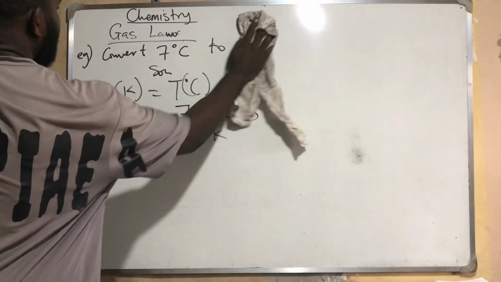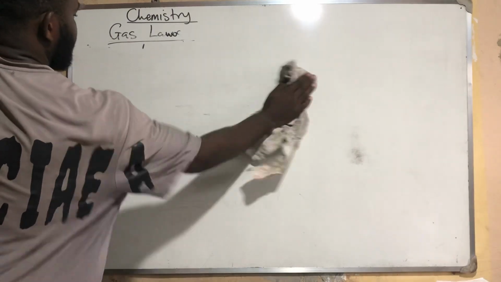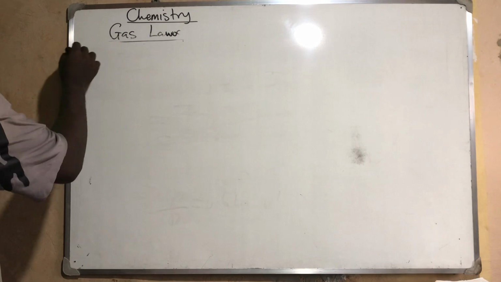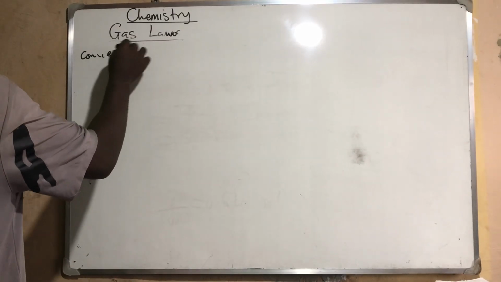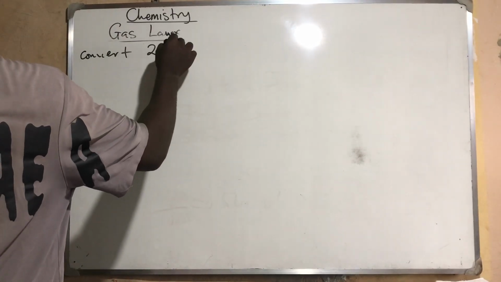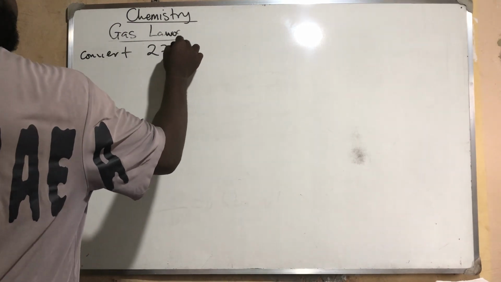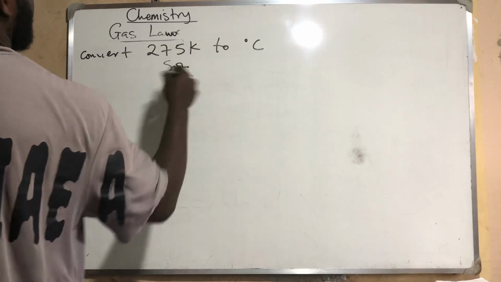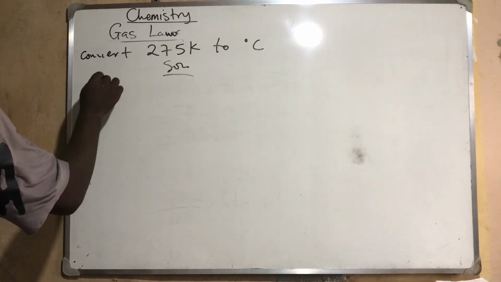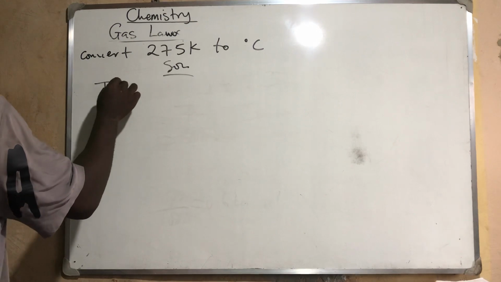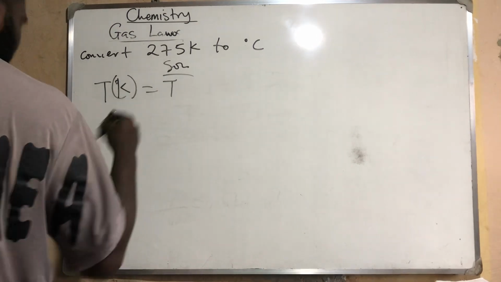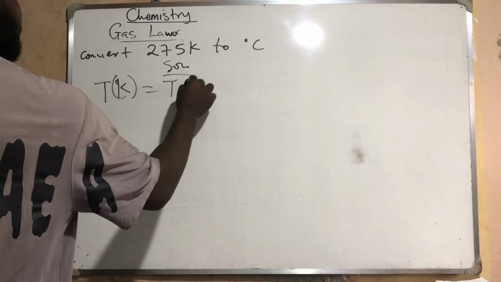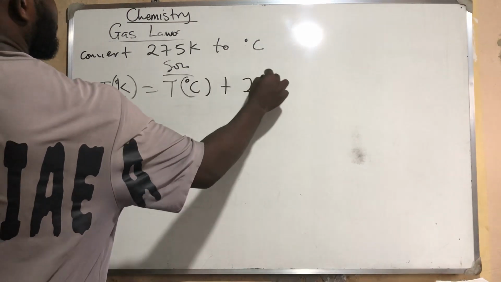All right. So the last but not the least will now be convert 275 Kelvin to degrees Celsius. Solution: very simple. We know that temperature in Kelvin is equal to temperature in degrees Celsius plus 273.